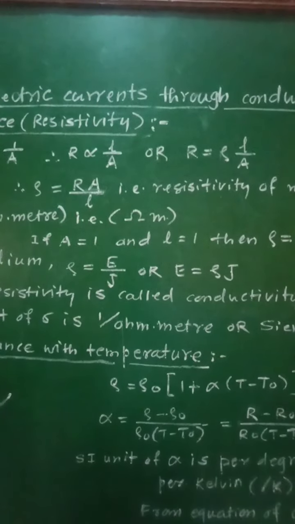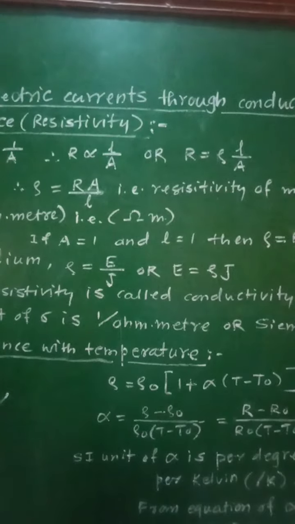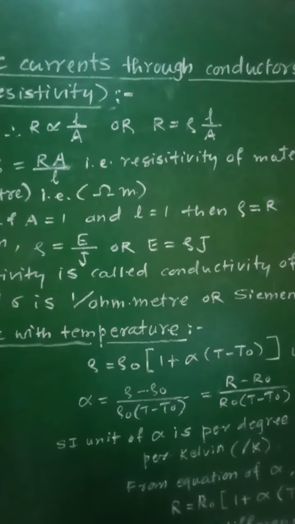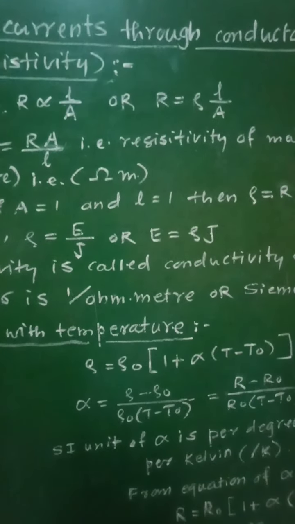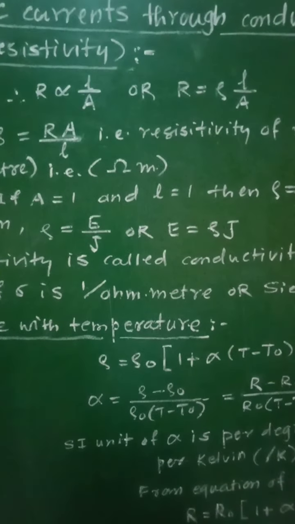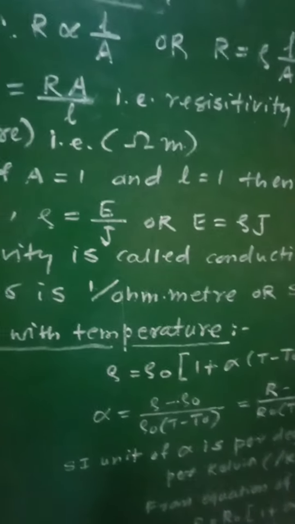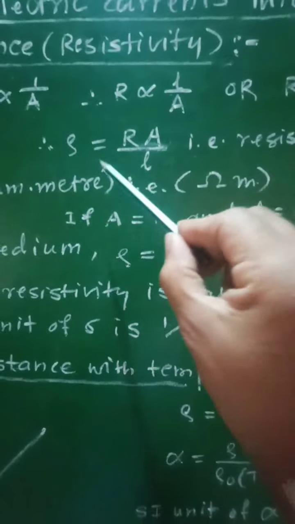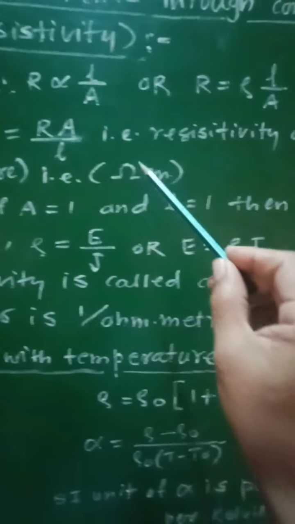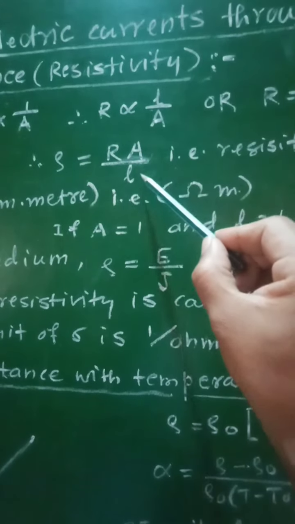Resistivity of a conductor is numerically equal to the resistance per unit length and per unit area of cross section of that conductor. Because here rho is equal to R, of unit length and unit area of cross section.